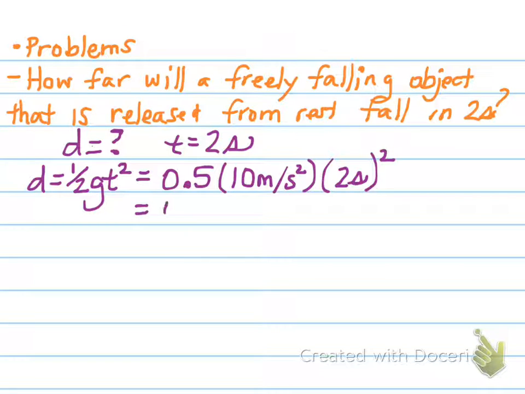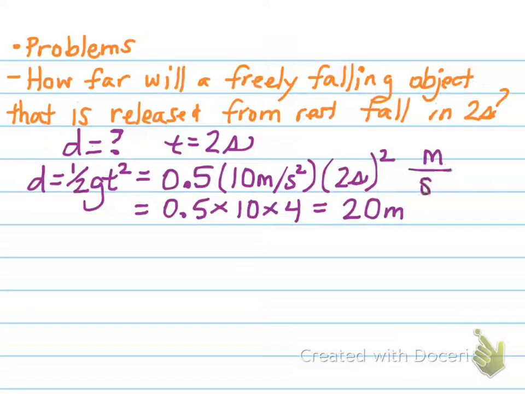So 0.5 times 10 times 4, right? 2 squared is 4. 4 times 10 is 40, and half of 40 is 20 meters. And again, how do those units work? I have meters over second squared times second squared. So those are going to cross out, and I'm going to be left with meters.